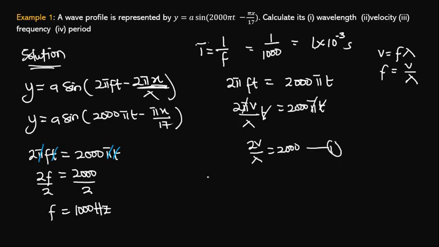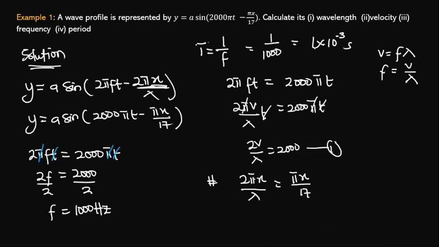All right, let's have a look at another aspect. If we look at this side and this side, we can see there is a difference, so we can equate those two. We have 2 pi x on lambda is equal to pi x on 17.